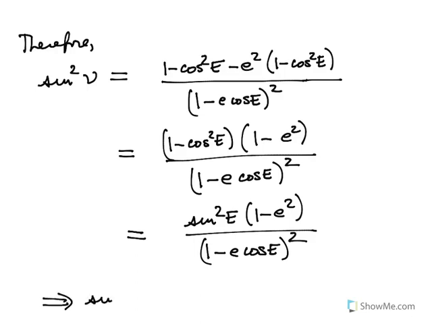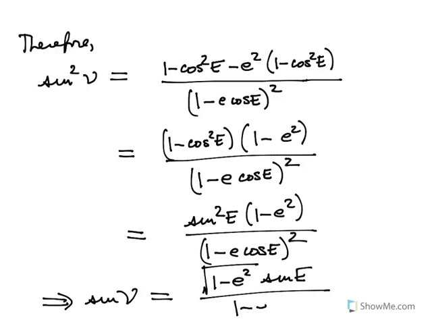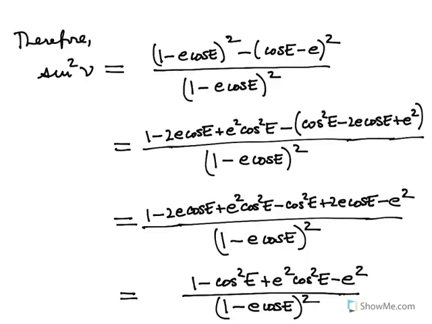Which implies that the sine of nu is equal to the square root of 1 minus e squared times the sine of E, all divided by 1 minus e cosine of E. So now we have two expressions.